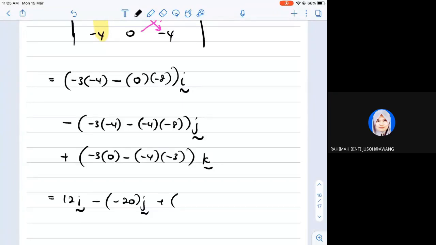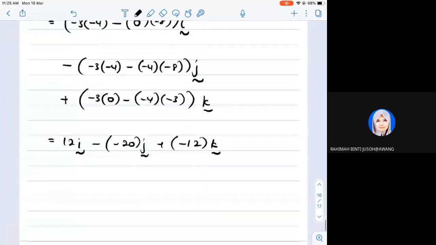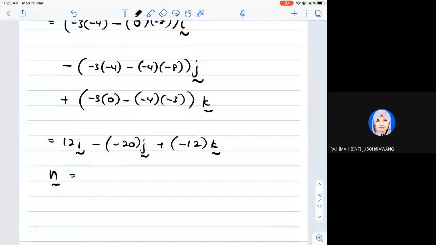So 0 minus 12, -12. -12K. Like that. So we will have normal vector equals 12, negative 20 becomes positive 20, and then K becomes negative 12, like this.